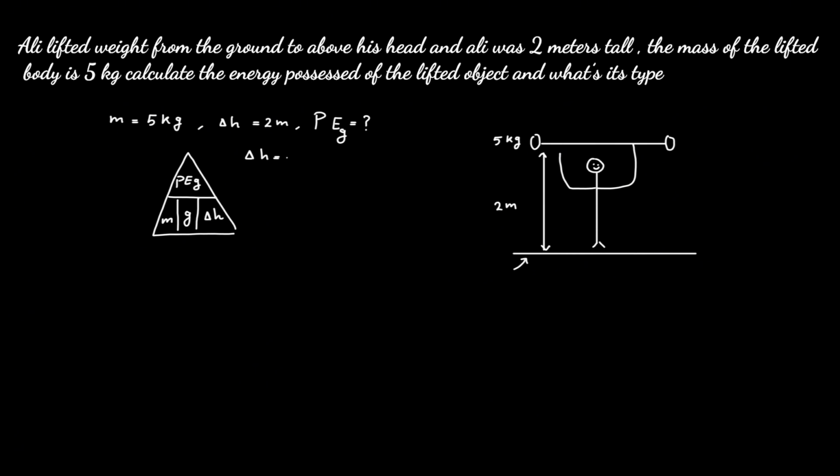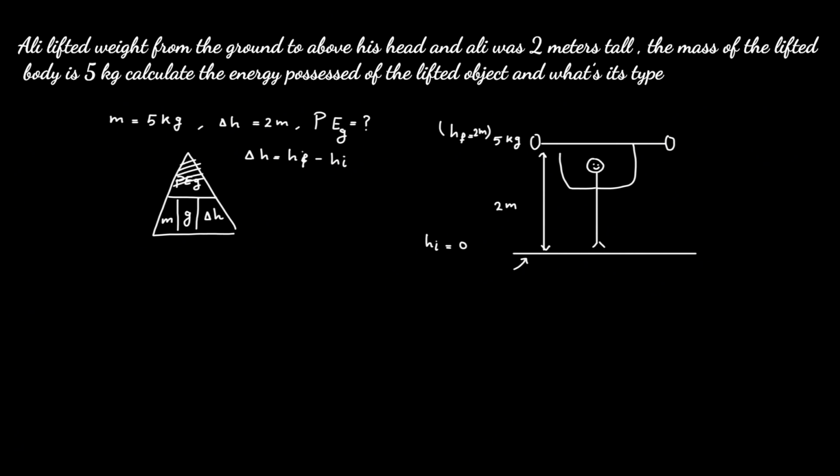We said before that any delta means the final minus the initial. The final height is here, which is 2 meters. As for the initial, which is at the reference level, which is 0, let's put the law.